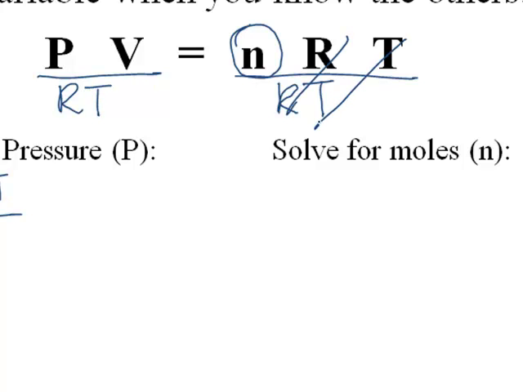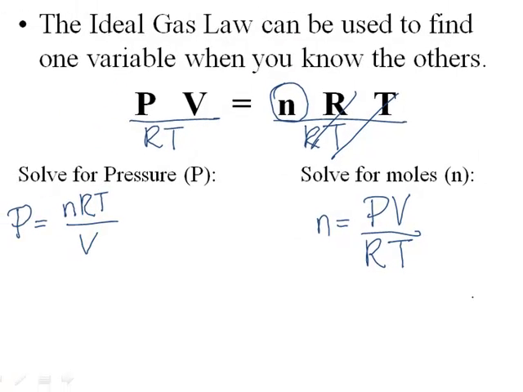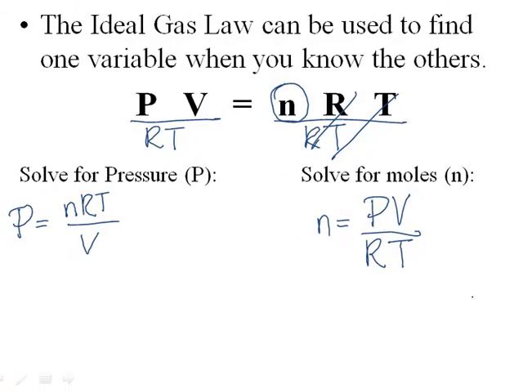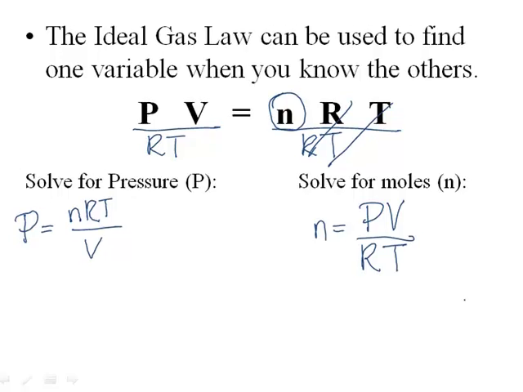That will make them cancel. So I would see that N is equal to pressure times volume over the ideal gas constant times temperature. You can do this again for any variable that you want, and that's one of the reasons that the ideal gas law can be so useful. If you have the other variables, you can solve for the one that you want to know.